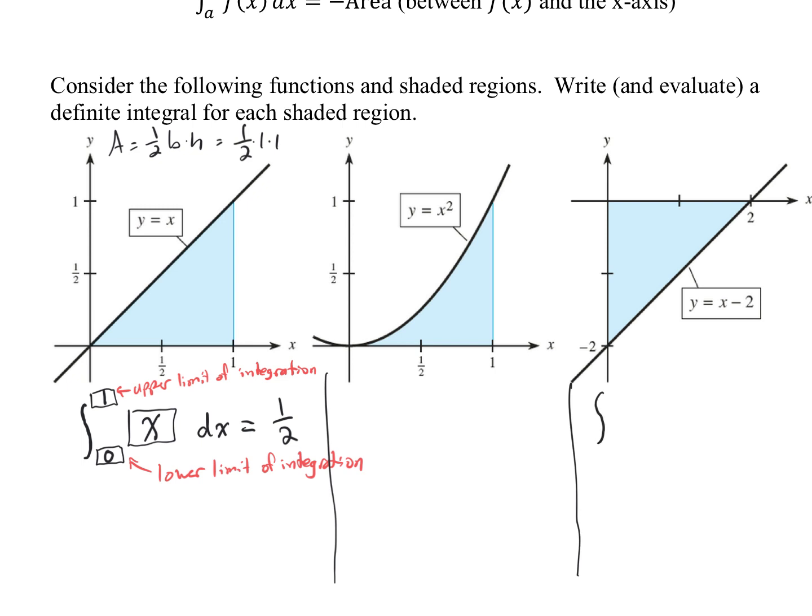So for this area on the right, if we wanted to write a definite integral for it, then we start with this integral symbol. We're going to have to write the upper and lower limits of integration, but I'm going to come back to those. After you write the limits of integration, you always write the function. So in this case, our function is x minus 2, and then you have to put in this dx notation.